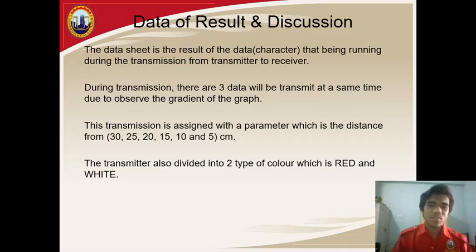Then this transmission is assigned with a parameter, which is the distance: 30, 25, 20, 15, 10 and 5 centimeters. Meanwhile, the transmitter is also divided into two types of color, red and white, to observe which one has a good response for the receiver.